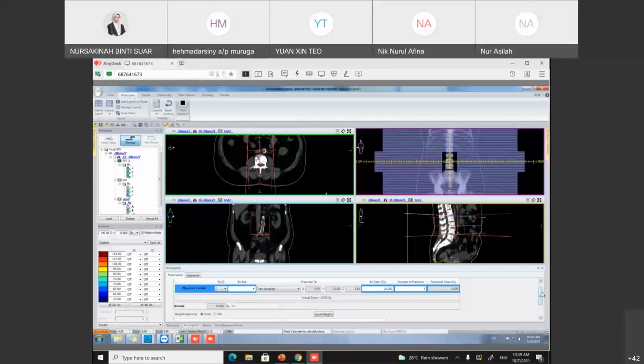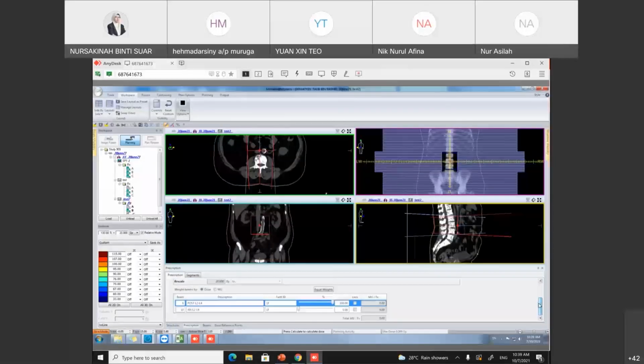So now what is the percentage we want to contribute from the posterior beam and anterior beam? I'm going to show you now, it is 100% from posterior.